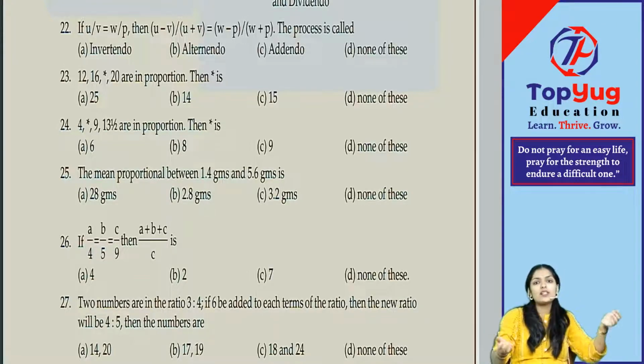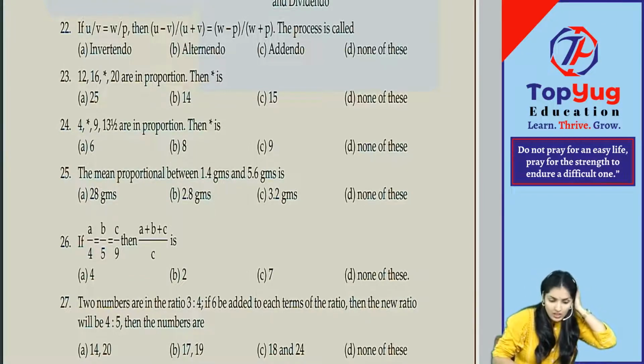B square is equal to AC, no? Answer 25th one, 2.8.